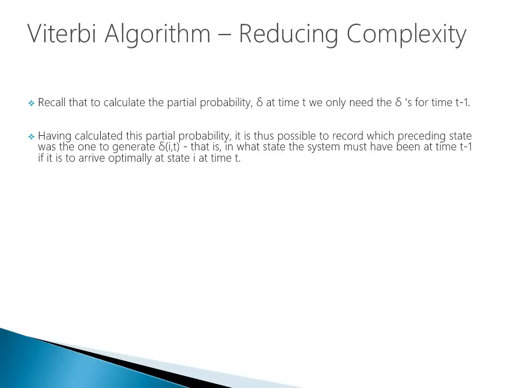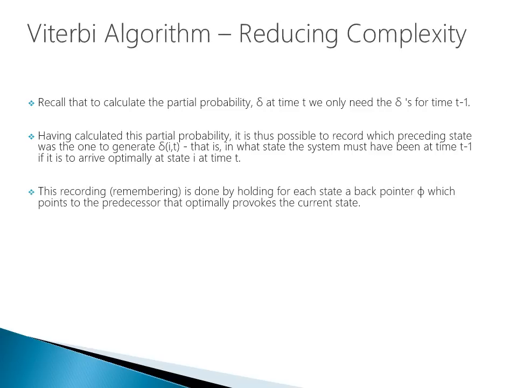That is, in what state the system must have been at time t minus 1 if it is to arrive optimally at state i at time t. This recording of information is done by holding for each state a back pointer, in this case phi, which points to the predecessor that optimally provokes the current state.